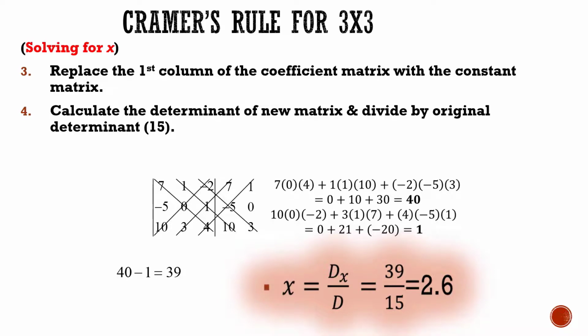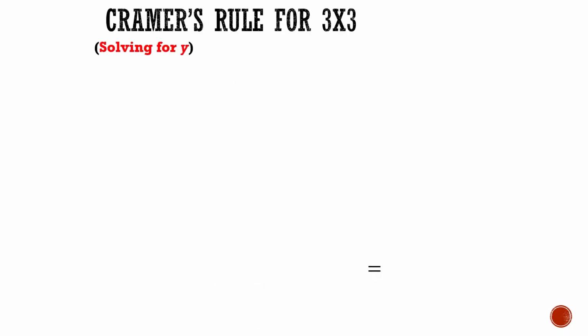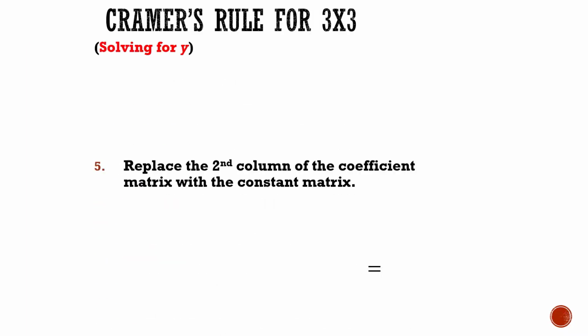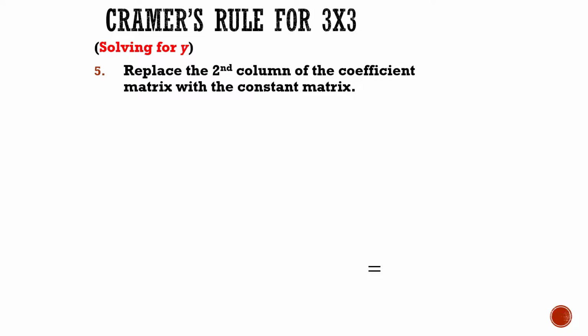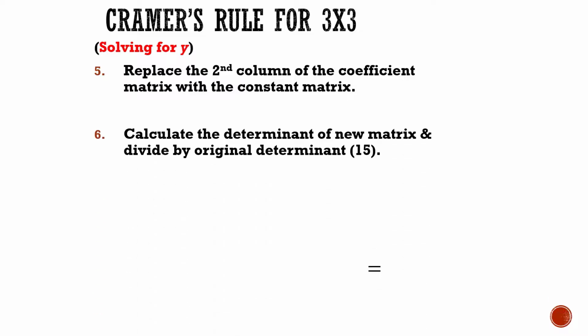To solve for our y, we replace the second column of the coefficient matrix with the constant matrix. Then we calculate the determinant of the new matrix and divide by the original determinant, which is 15.